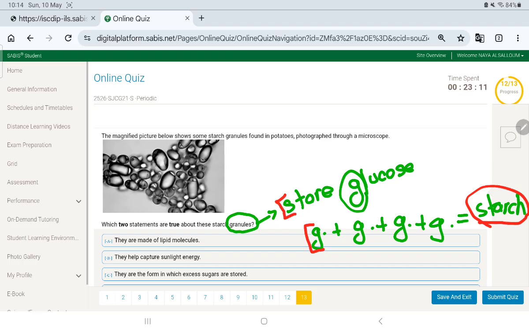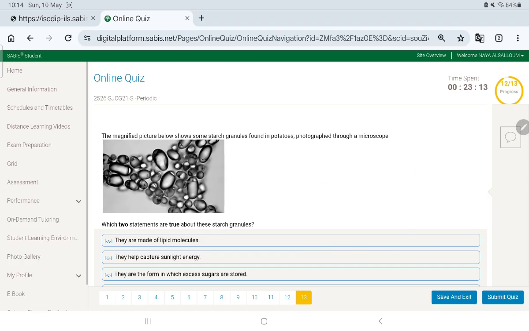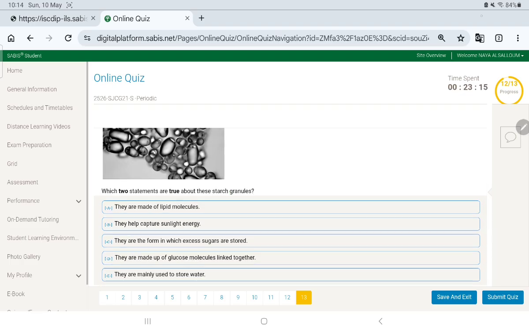So here, let's see. They are definitely not made of lipid molecules. We said they're made of glucose molecules. And do they help capture sunlight energy? No. This is for chloroplast and chlorophyll. They are the form in which extra sugars are stored. So when there's extra glucose, we store it in granules.